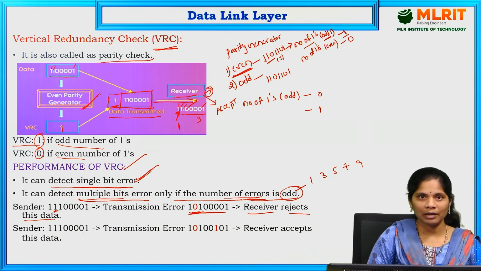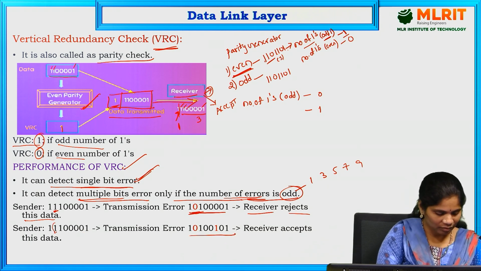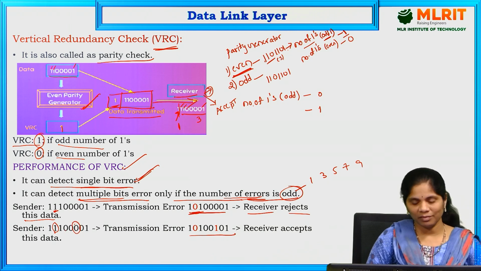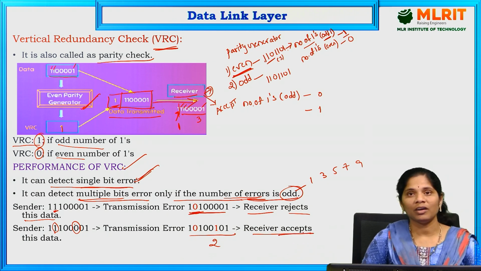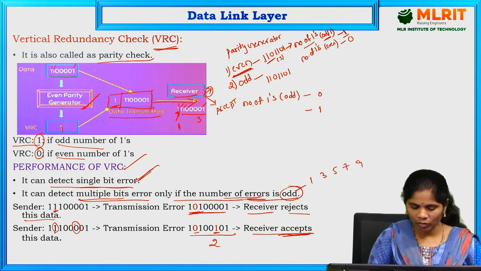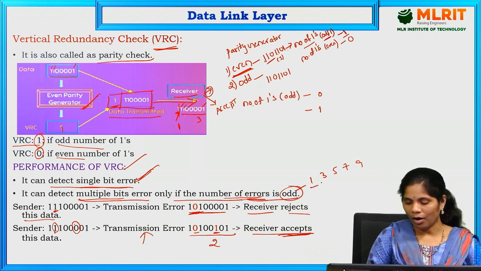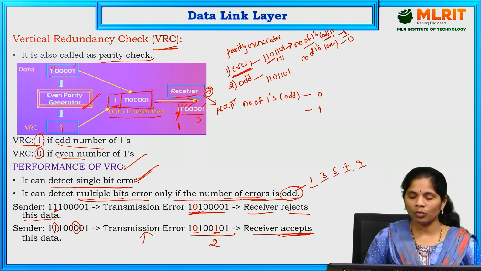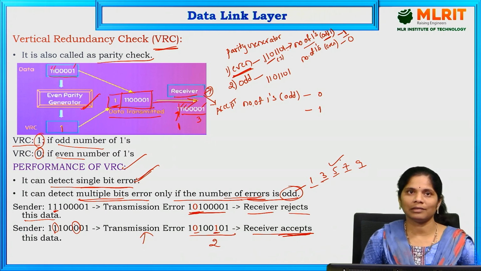If the receiver receives data where this 1 is changed to a 0 and this 0 is changed to a 1, then two bits, an even number of bits, have changed. The receiver will accept the data without detecting the error, because only 2 bits have changed. This case does not work in VRC. Only an odd number of errors will be identified in VRC. That is the disadvantage of VRC.